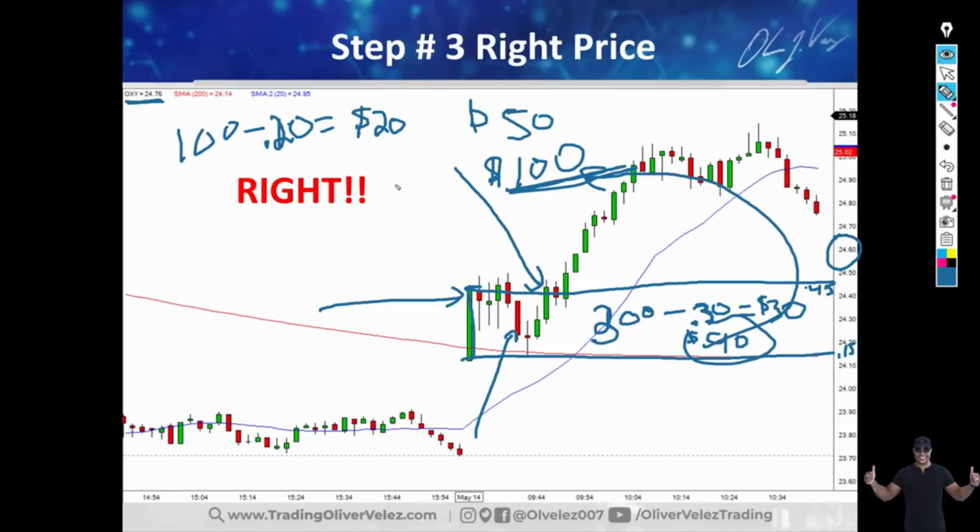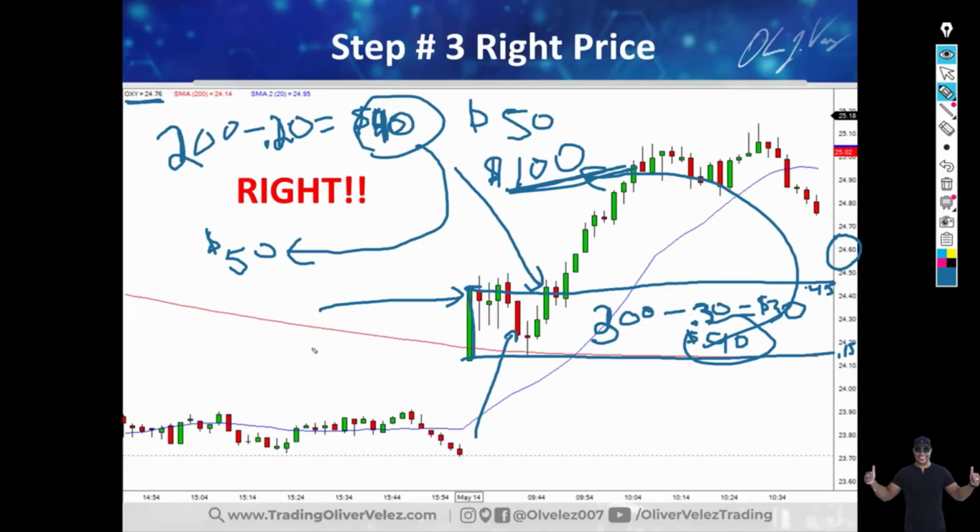Now, if their maximum loss per trade is $50, this trader can up the trade to 200 shares and try to make more money, because a $40 loss would still adhere to their maximum loss per trade of $50.